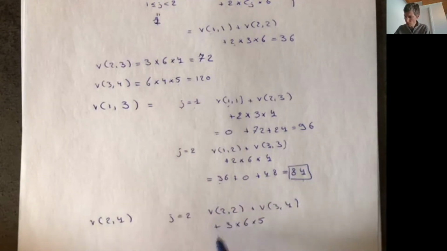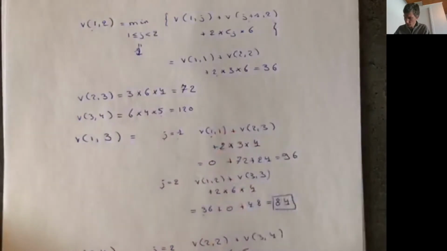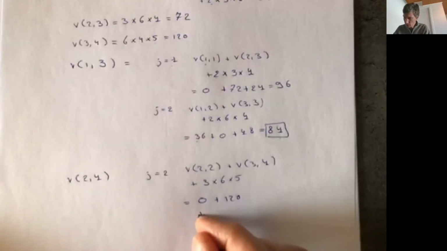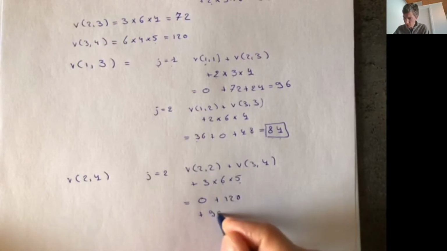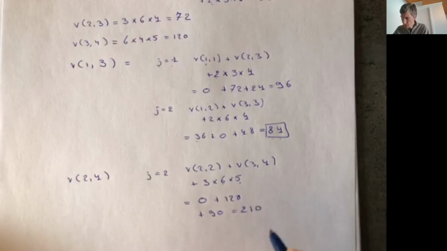V2,2 is 0, plus V3,4 was 120, plus 6 times 5 is 30, times 3 is 90, so this is going to be 210.